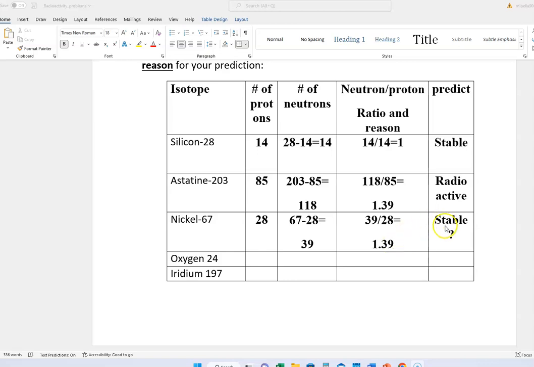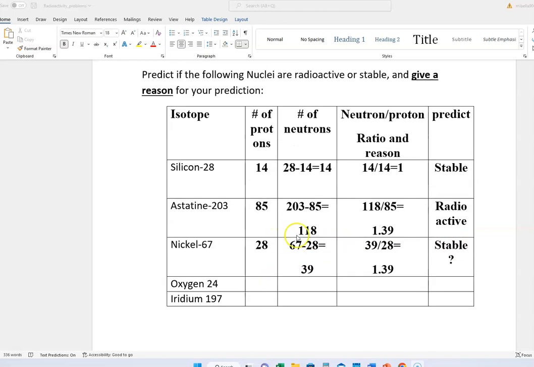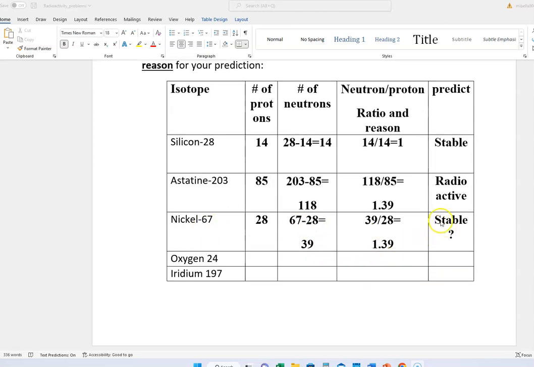So just from our little model, we would predict that that's stable, although I know our little model is not always perfect. It turns out that nickel 67 is radioactive. To answer this, we can just say that it's stable, but these predictions, you actually have to go and measure.